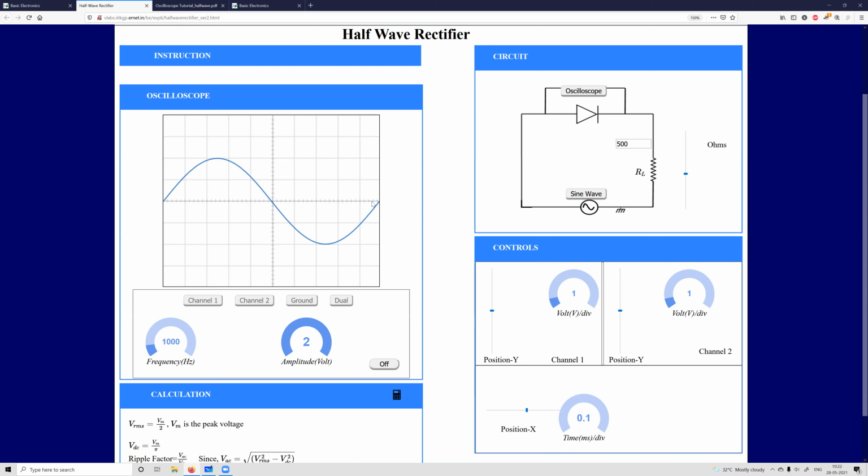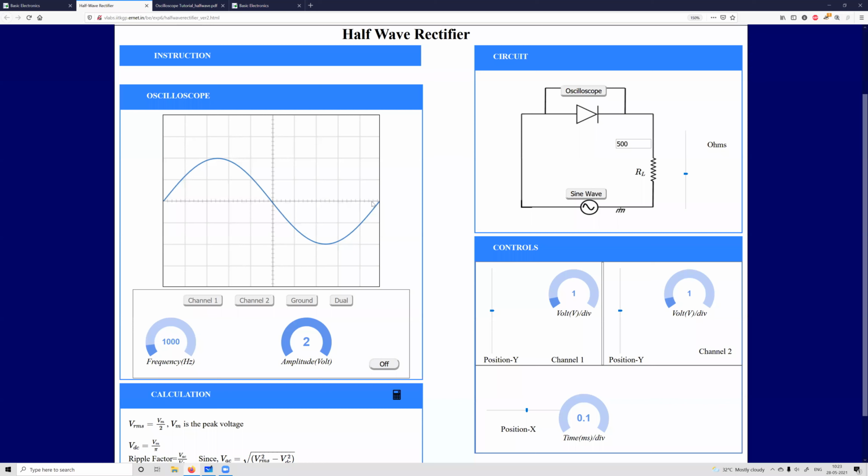Is it okay? So if the time period is 1 millisecond, what will be the frequency? Yes, very good. 1 kilohertz, obviously, 1000 hertz.